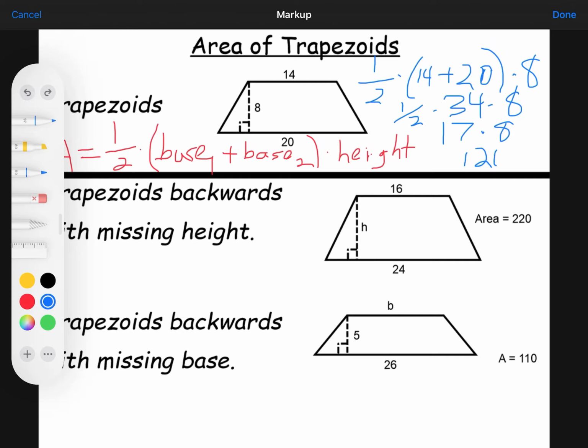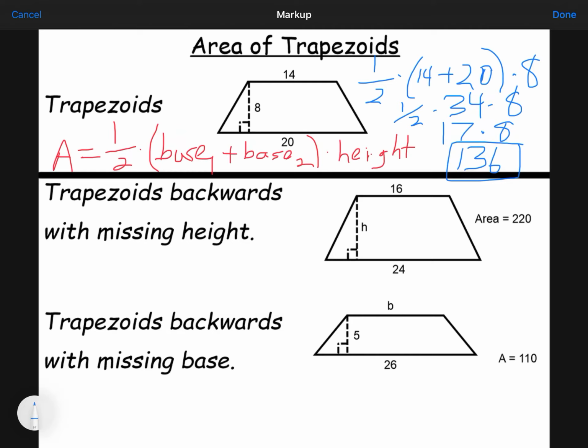Let me fix that really quick. And there you go. That's all you're going to have to do, is practice area of a trapezoid to get to a reasonable score, to get to a score of a B.